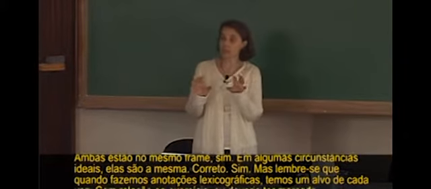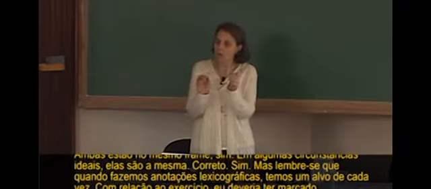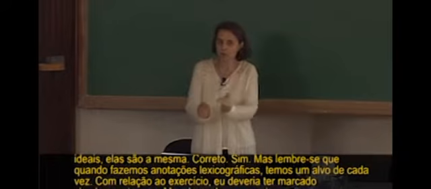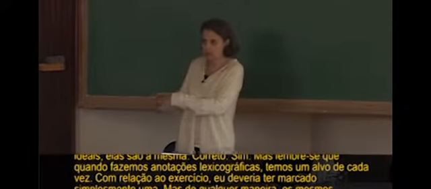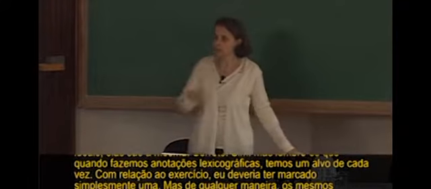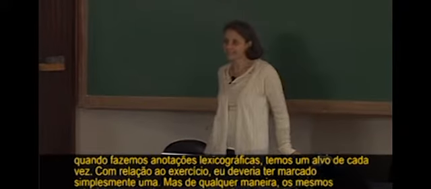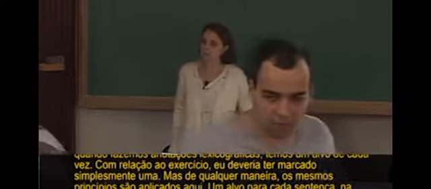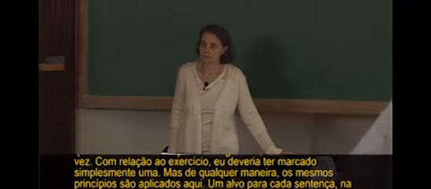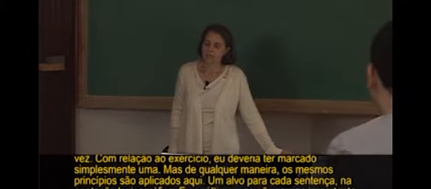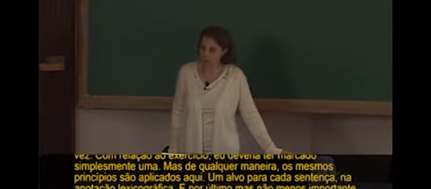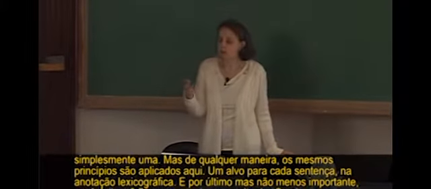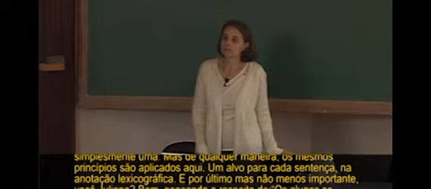Right, so the idea, of course, was to notice that although they're individual LUs, you annotate for one, and then you annotate for the other. But both of them are in the same frame, no? They are both in the same frame. And under ideal circumstances, the frame elements are the same.